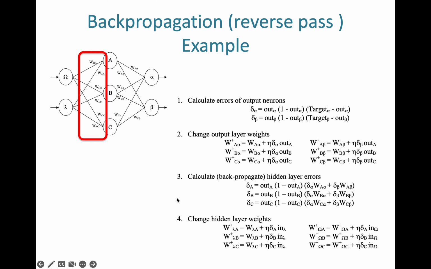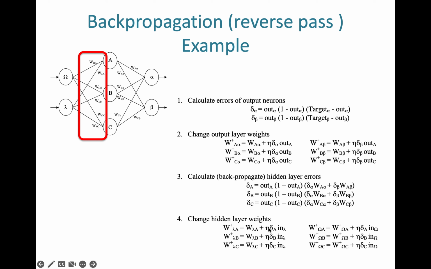So this specific weight is going to be updated taking into account its prior value, and then we modify it by the product of the input value to lambda and the error associated to A. Again, we are just backpropagating errors and saying this is how much the weights need to change to compensate for the errors that we are observing in the output layer.